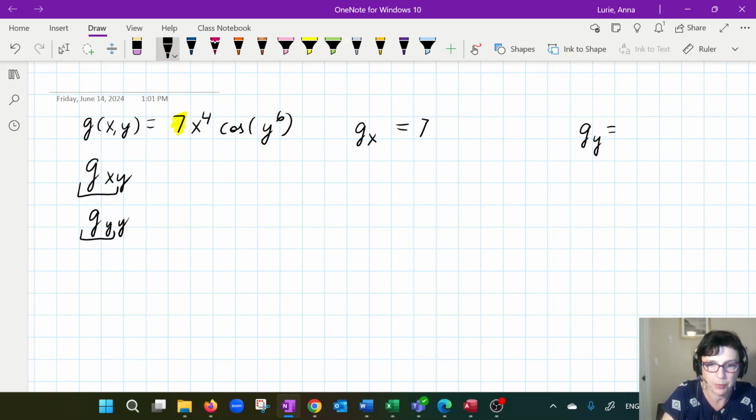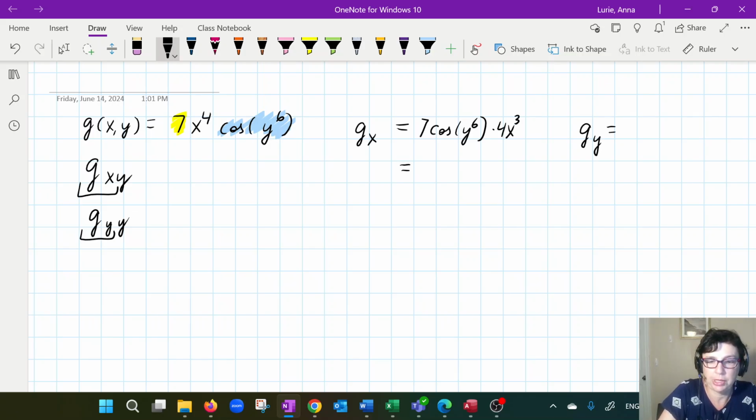But when you are taking the derivative with respect to x, you are thinking of the other variable y as being also a number. So if y is a number, then y to the power 6 is a number, and so is cosine of y to the power 6. So that's also going to be treated as a constant multiple, and we are just going to keep it. So this will be cosine y to the 6, and then you multiply that by the derivative of x to the power 4, which is 4x cubed.